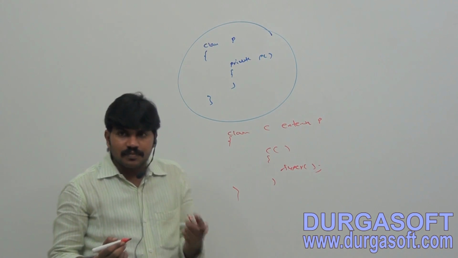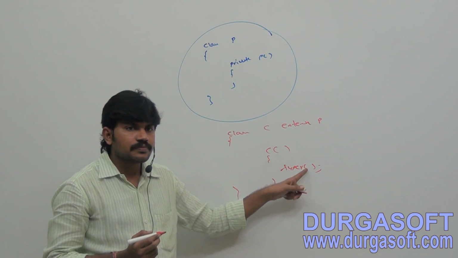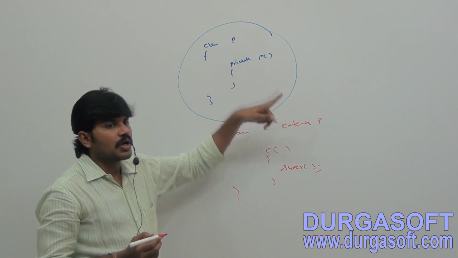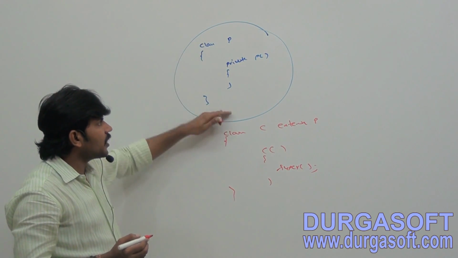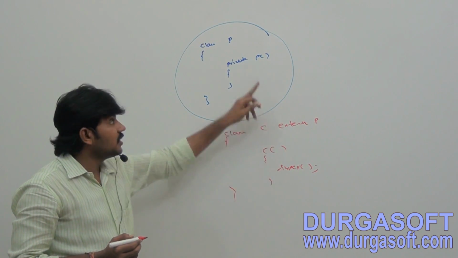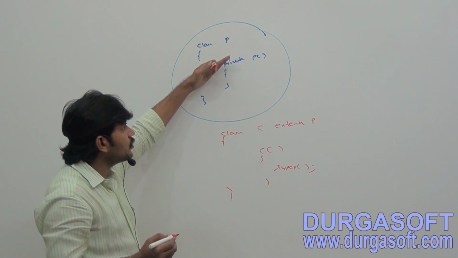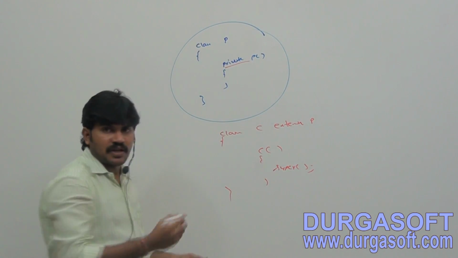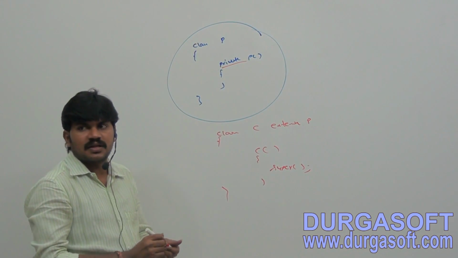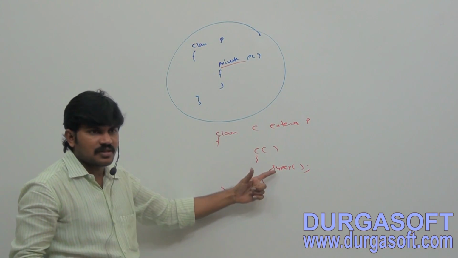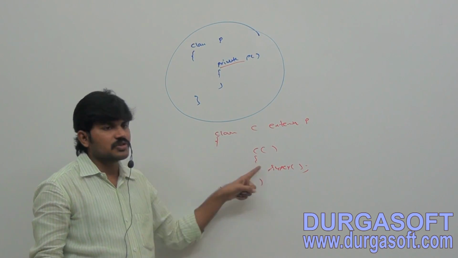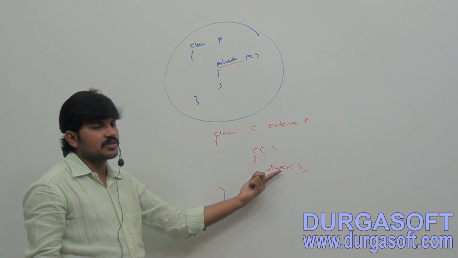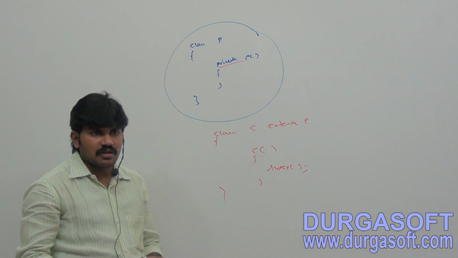If you are not writing it, the compiler will place it. Super means the super class no-argument constructor. But is it possible to call it from outside? No, because this constructor is private. A private constructor can't be called from outside the class, but from the child class you are calling it. That's why it is not possible. You can't create a child class.